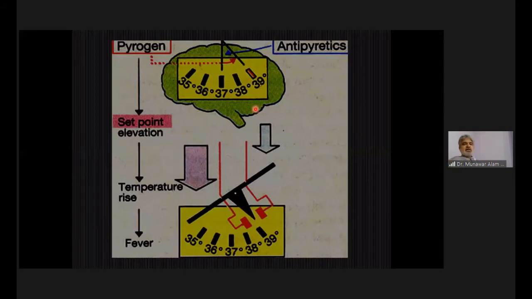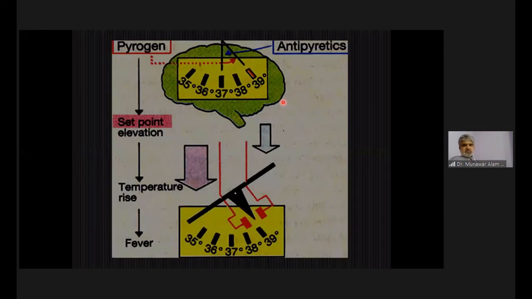So when you take such drugs, ibuprofen, aspirin, paracetamol, mefenamic acid, there will be a decrease in the synthesis of prostaglandins, and the set point goes back to normal or near normal. It causes sweating, or the stored body heat is exhausted out, and we feel perspiration, and our body temperature comes down.